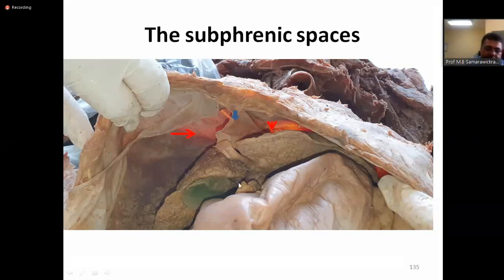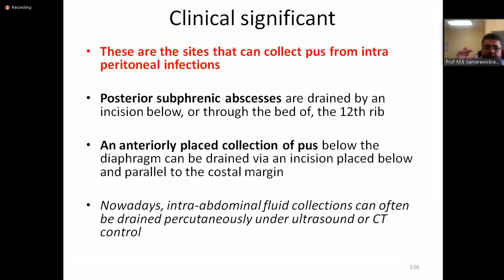Out of these, the right subhepatic space is the largest one, and the left subhepatic space is also known as the lesser sac. Why are these fossae and sacs or recesses important? These are the sites where you can get internal hernia as well as collection of abscesses or infections.